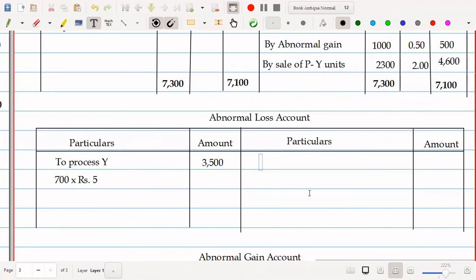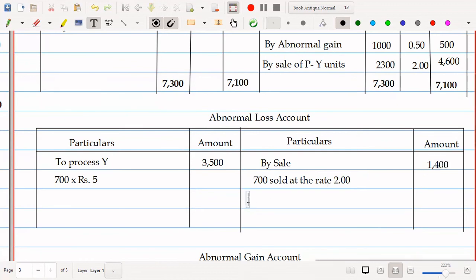Now we have to sell it as scrap, by sale or by bank or by cash. 700 units sold at the rate of what was the scrap value? Rupees 2. So it comes to 1,400.